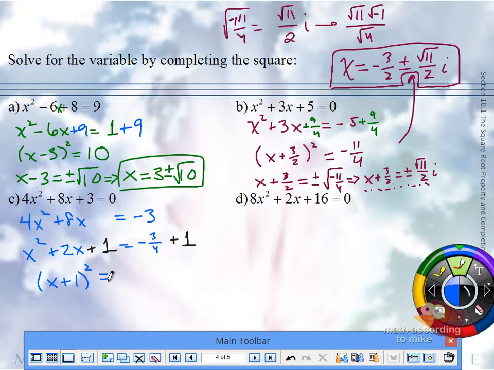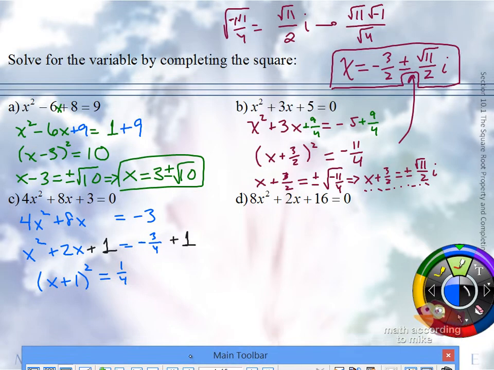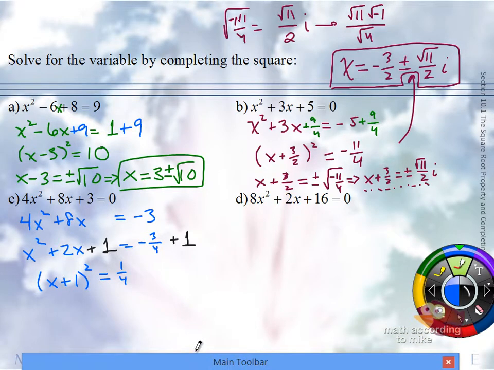What is negative 3/4 plus 1? We got a perfect square trinomial. Perfect, square root property going on. So we're going to take the square root of both sides.